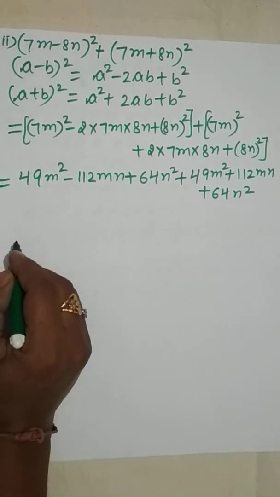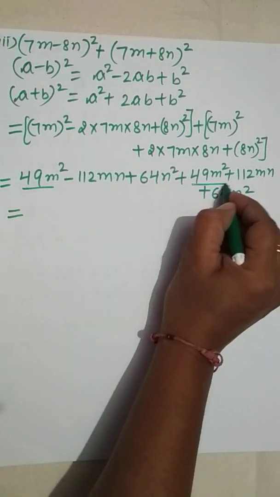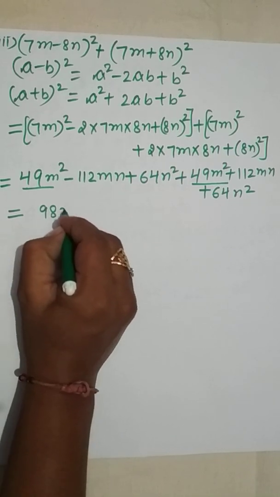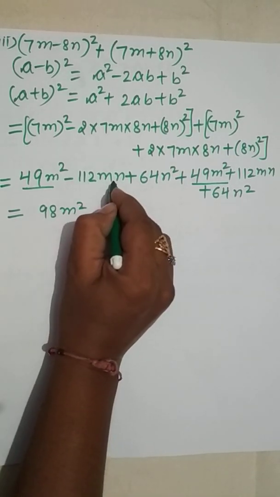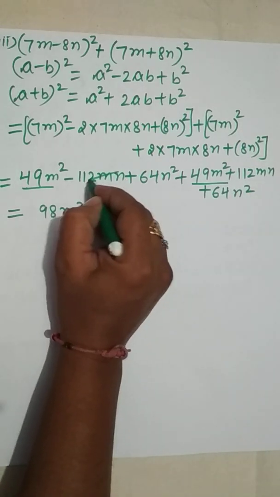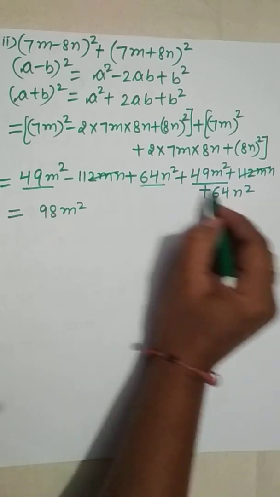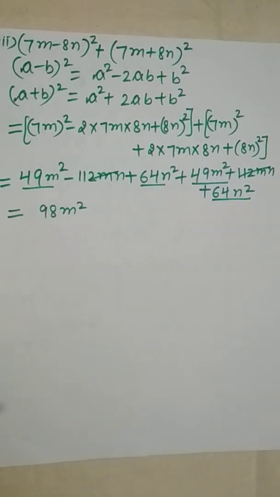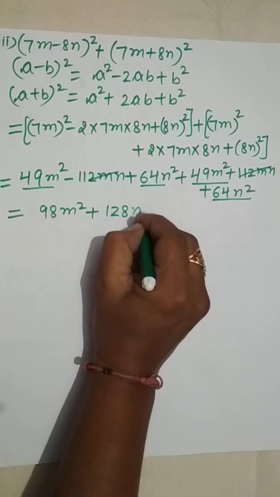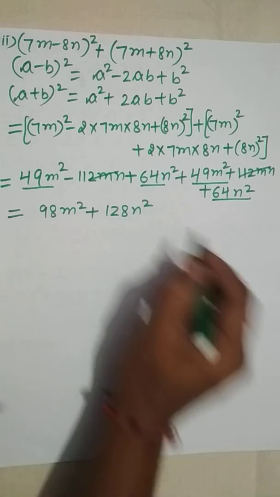Now arrange the like terms. 49m² plus 49m² is 98m². Minus 112mn plus 112mn cancel each other. 64n² plus 64n² is 128n². So 98m² + 128n² is the answer.